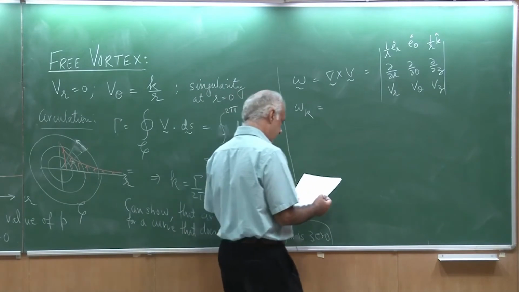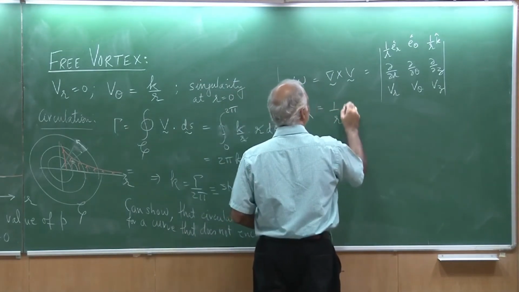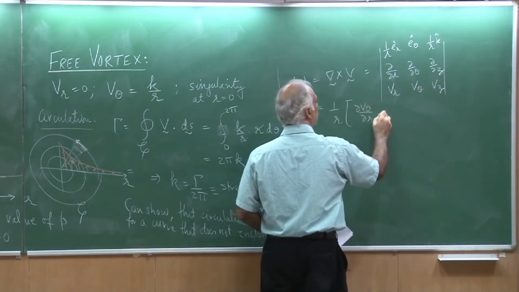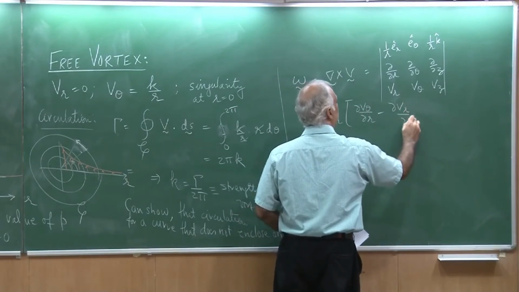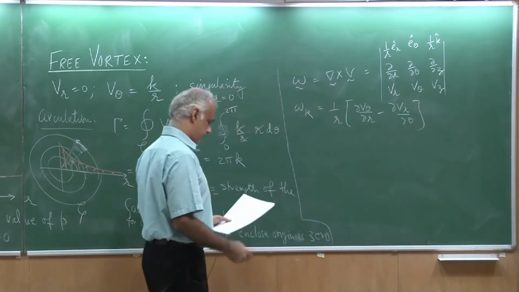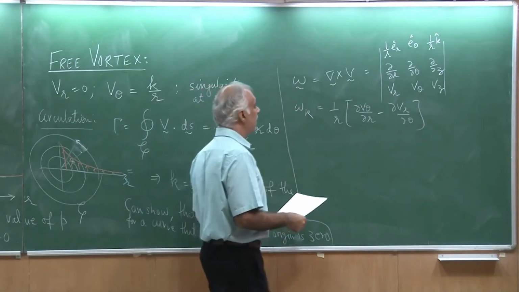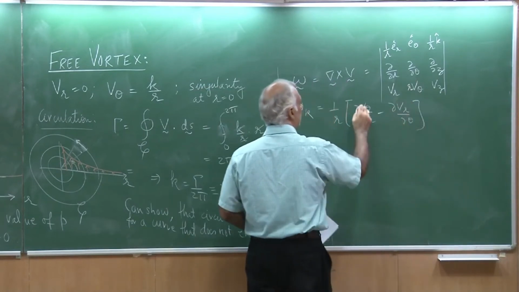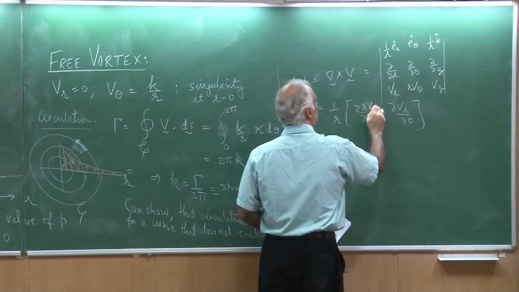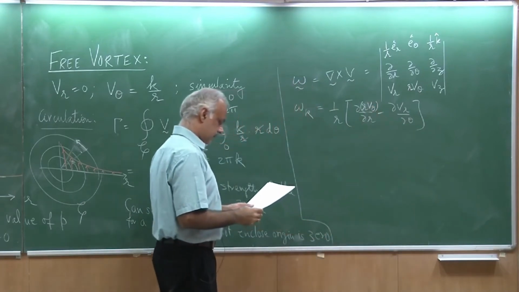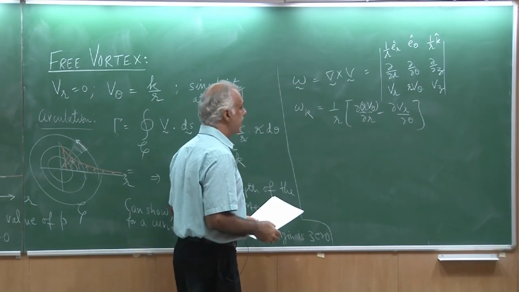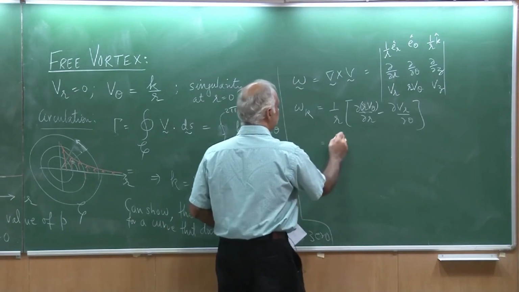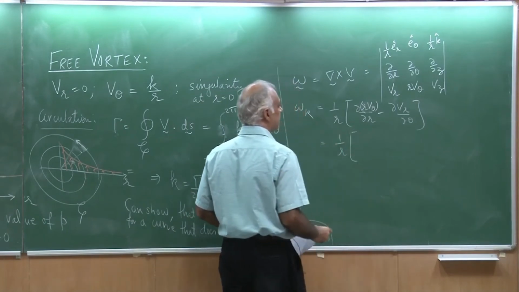Okay, omega k would be given as 1 by r. So I would take just this expression, del V theta by del r minus del Vr by del theta. I am sorry, there is an r V theta here, so I made an error. This should have been r V theta. And what you can now do is substitute for the expressions here.